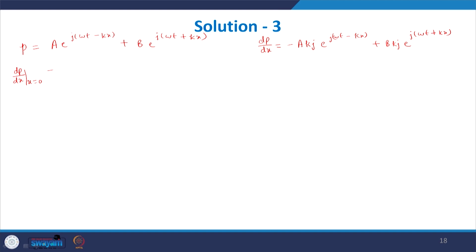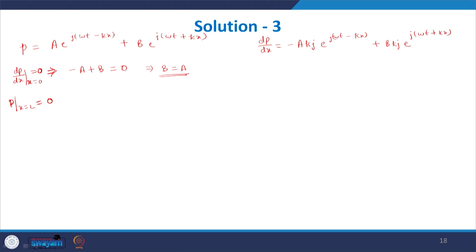Putting x equals 0, the common term cancels out. Overall we get minus A plus B is equal to 0 when you solve it. So B is equal to A. So from the first condition we got this value.